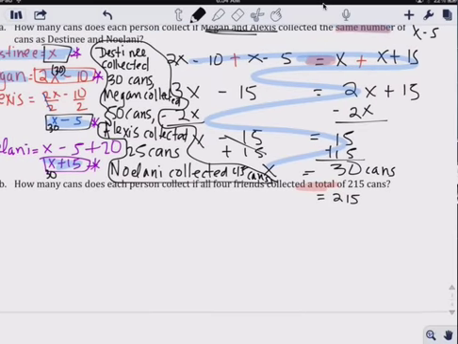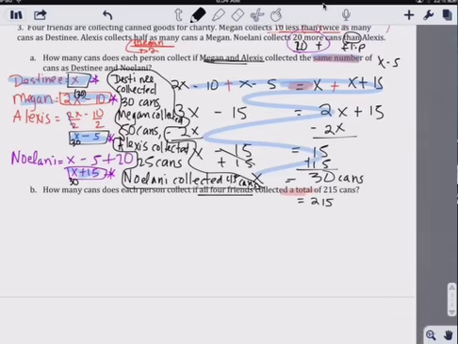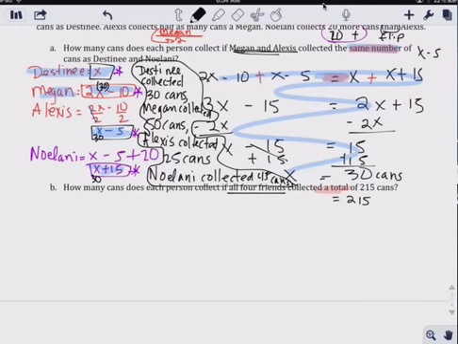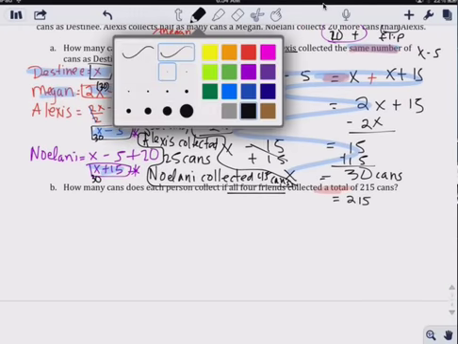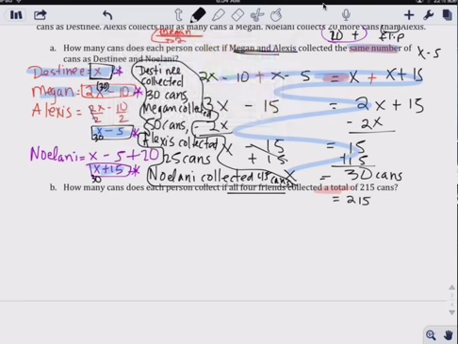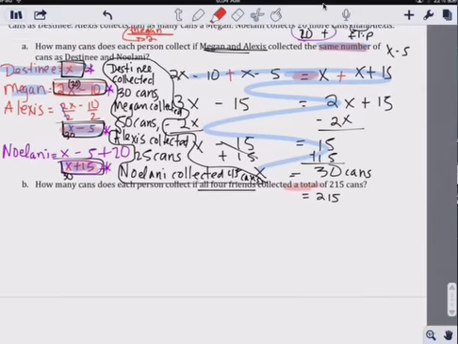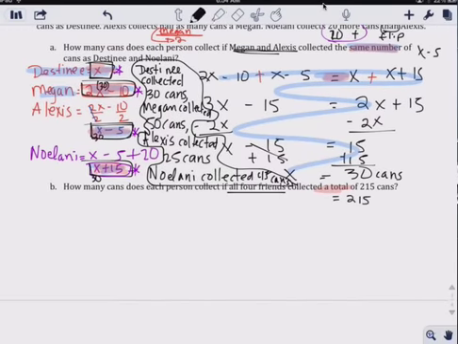Now it says each person collected, all 4 friends. So all 4 of them, Destiny, Megan. So we use all 4 sets. Keep this one, this one, this one, and this one right here. They all add up to 215. So I'm going to write smaller. It's hard on the iPad.